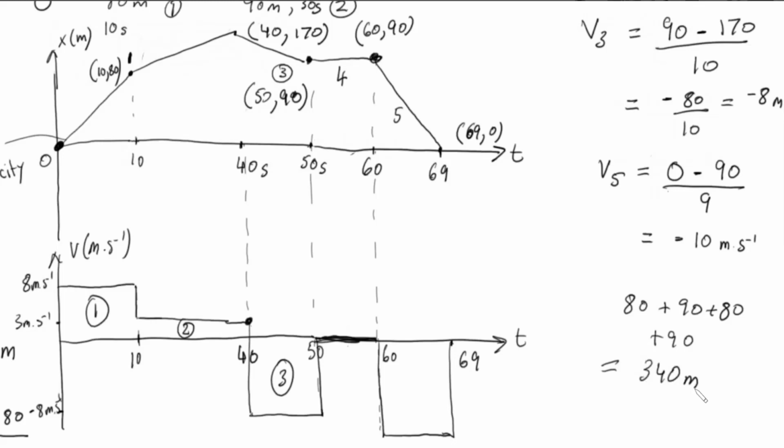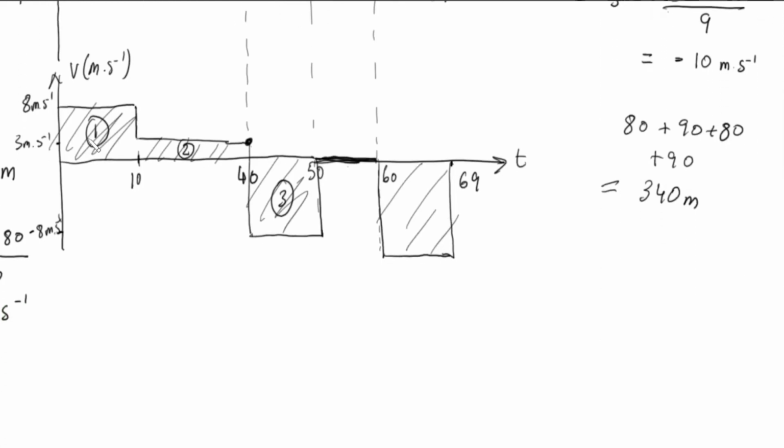And we can verify this by looking at the velocity time graph too. If we add up all the areas under the velocity time curve, we get the total displacement. So if we look at this area here, this area here, this area here, and that area there, let's see what we get. So for the first stage, we have a displacement of 8 times 10.